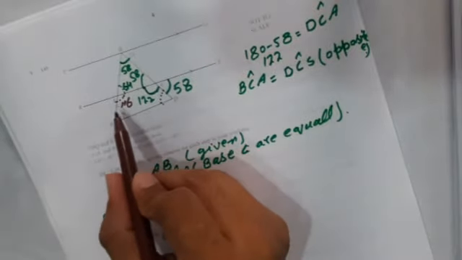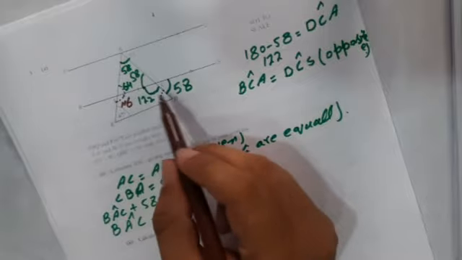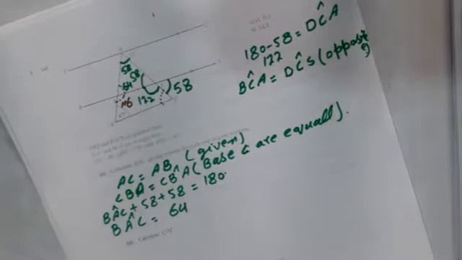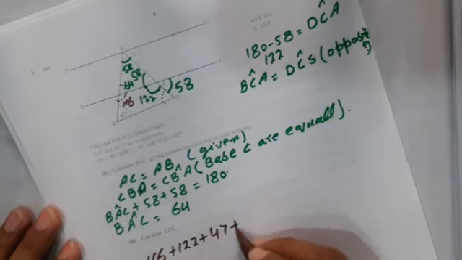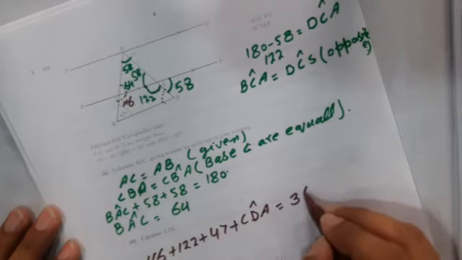If we consider AEDC a quadrilateral, the sum is always 360. The sum of angles of a 4-sided quadrilateral is always 360. Now we add them: 116 plus 122, the third angle is 47, and the fourth angle we have to find, which is CDA, is equal to 360.